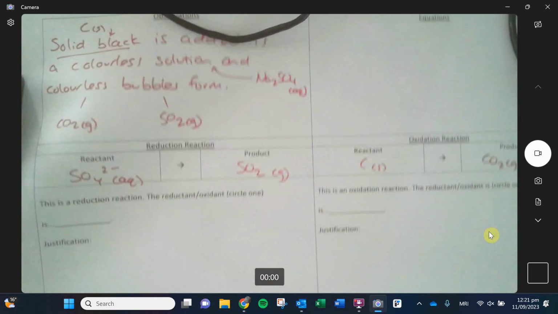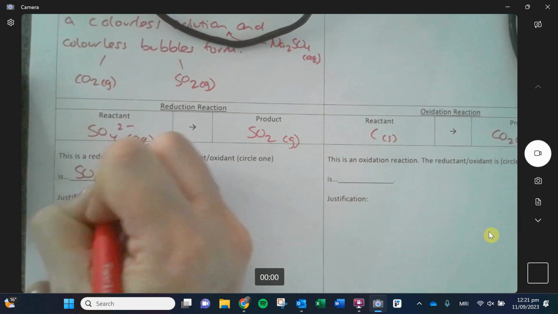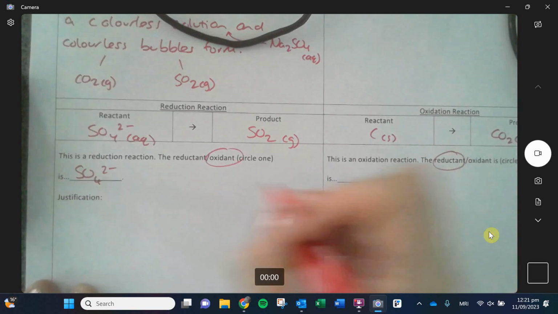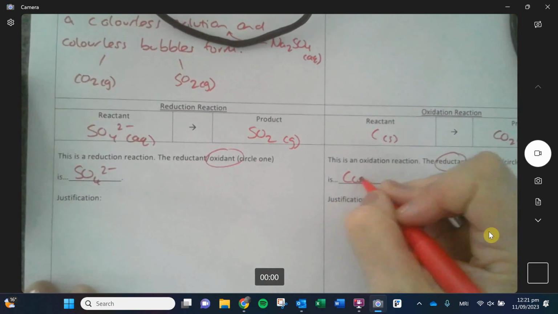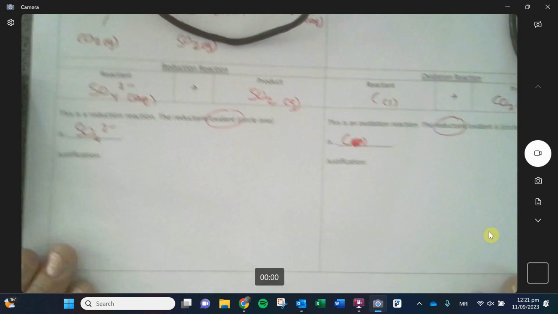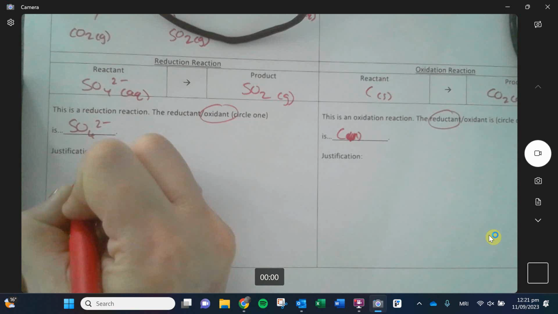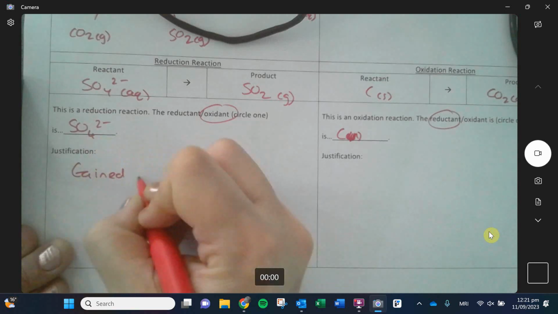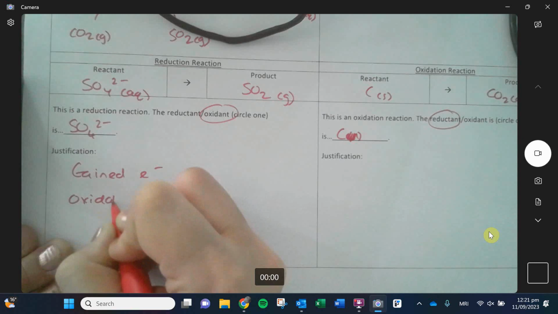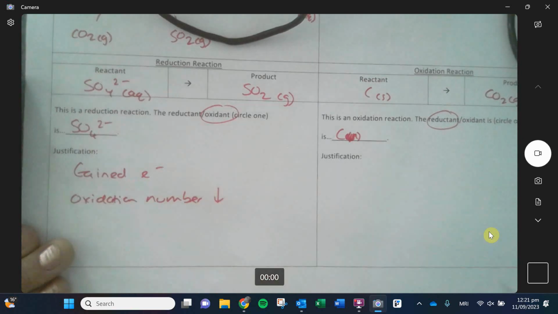And then the last thing I need for the achieved, sorry, should copy this down too. Identify oxidant and reductant. So that's the reductant. That's the oxidant. That's the reductant. Justification. So again, just using your definitions. This one has gained electrons, or you can say that the oxidation number is decreased.